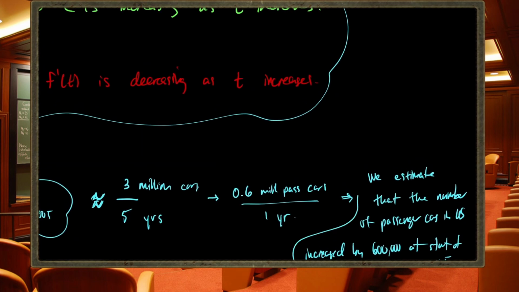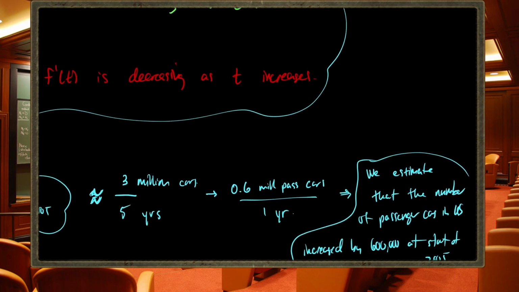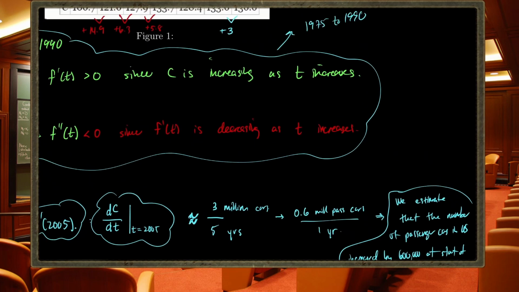So let me box this in. The number of passenger cars in the US increased by 600,000 at the start of 2005. That tells us the rate of change. It tells us the moment in time we're talking about, and it has the units included there, as well as how it's changing. It increased, not just using that language of change.